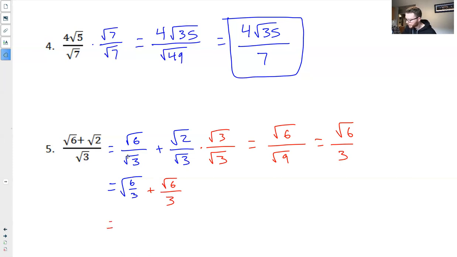So the square root of 6 divided by 3 is root 2 plus the square root of 6 over 3. Okay. And this is our fully simplified answer.